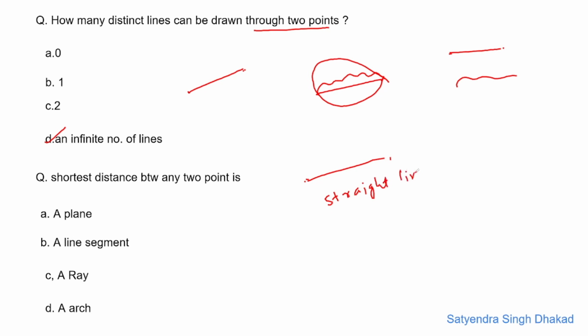Now we have to find a closer answer as the option. Plane, no. Ray, no. Arc, no. Yeah. Line segment can be a straight line. A ray can't be a straight line because it has infinite length.